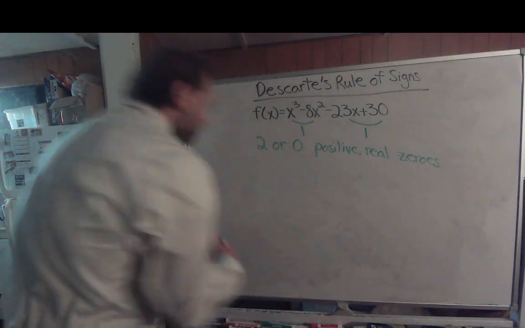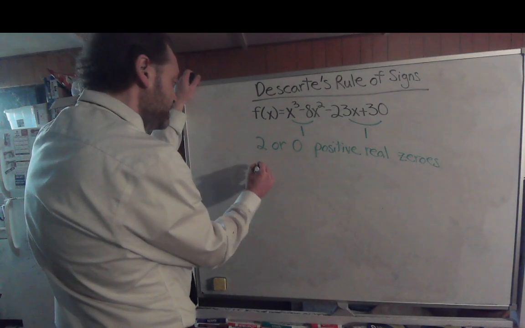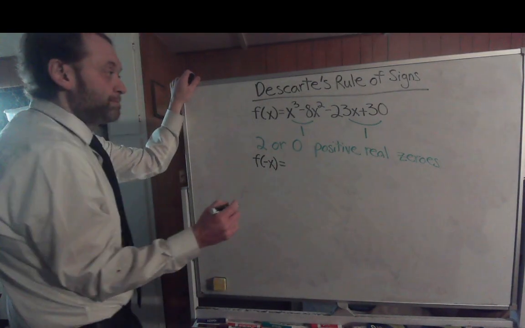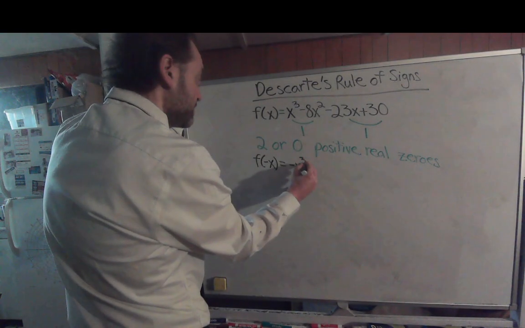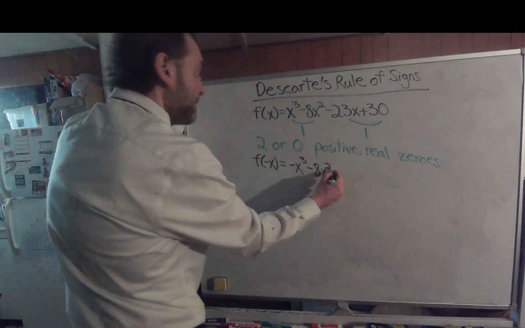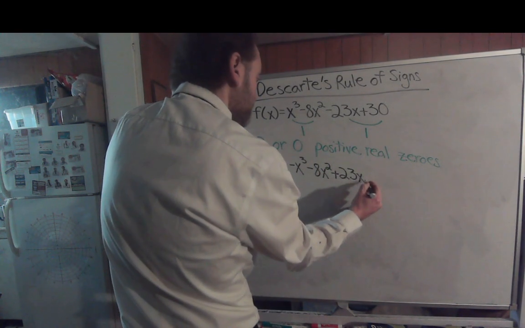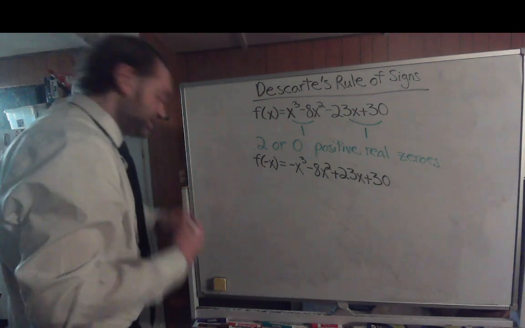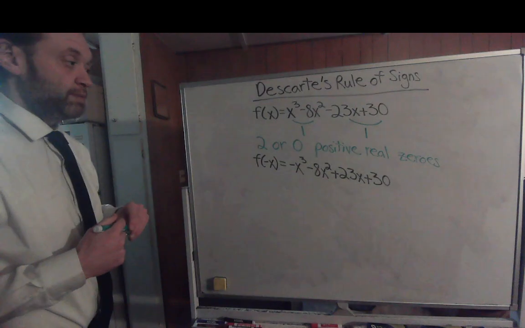Now, what we have to do next to figure out the negative real zeros, you'll put in f of negative x for the function. So negative x to the third would give you negative x to the third. Then you still have minus 8x squared. This would give you plus 23x plus 30. So there's your f of negative x. We're now trying to figure out how many negative real zeros there could be.